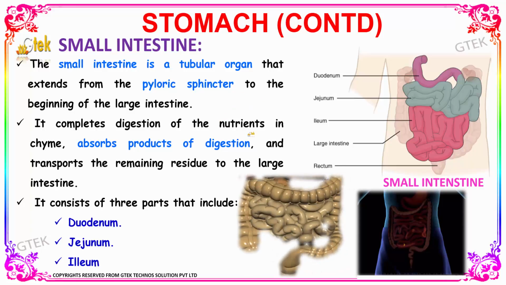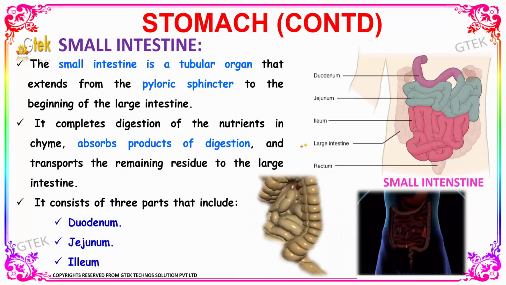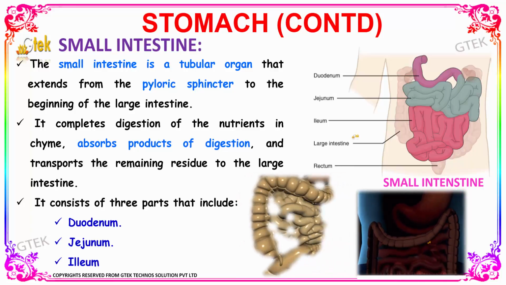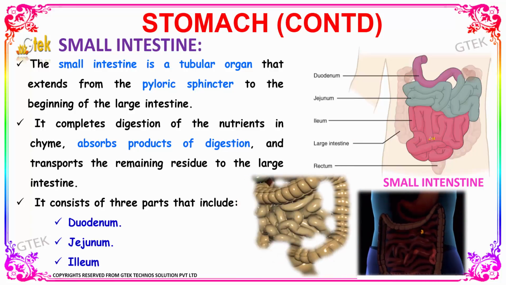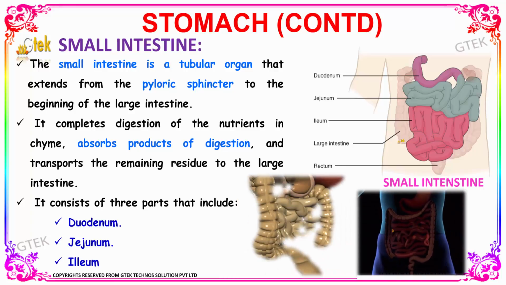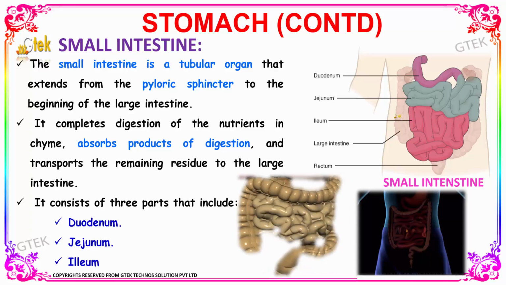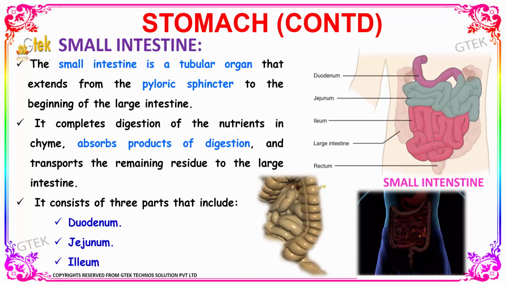It completes the digestion of the nutrients in chyme, it absorbs the products of digestion, and it transports the remaining residue to the large intestine. So this is how the small intestine helps in digestion.